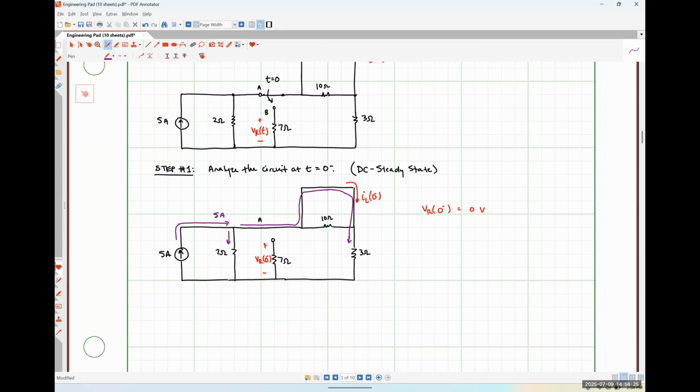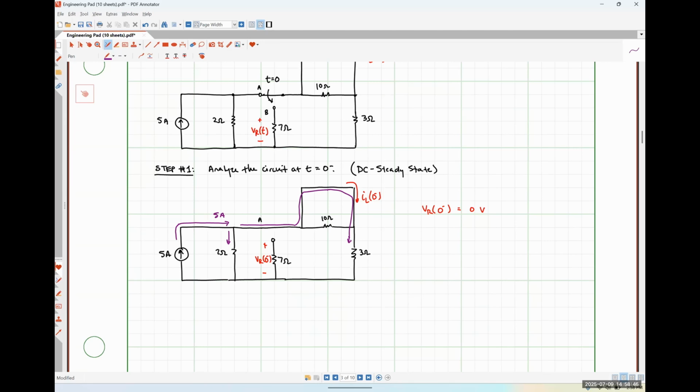Then that split current is going to flow down and recombine at that bottom node. So it doesn't see just the short by itself so that all of it will flow through the 3 ohm resistor. It sees essentially 2 ohms in parallel with 3 ohms. So how might we go about finding that current?